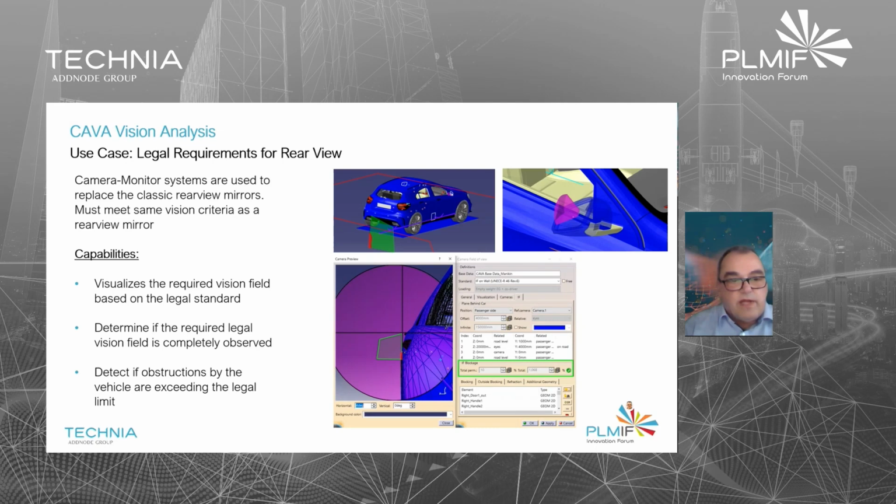It will create the required vision field. After placement of the camera, it will show you the visible area of that vision field and the blocked area, and it gives you a numerical assessment if the required visual field is achieved or not. So very similar to what we have for the rearview mirror is now available also for the vision analysis.